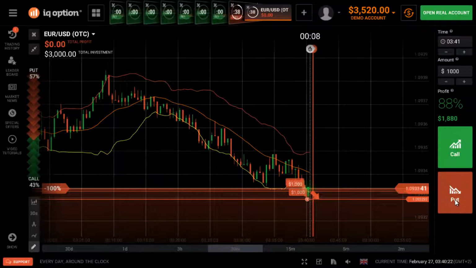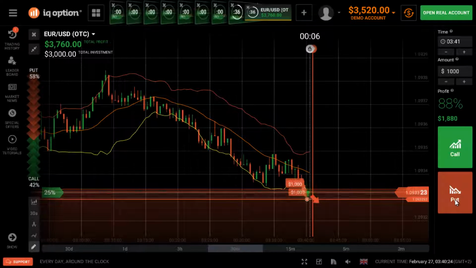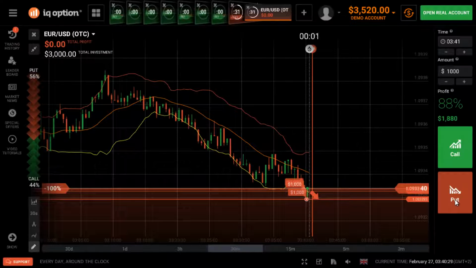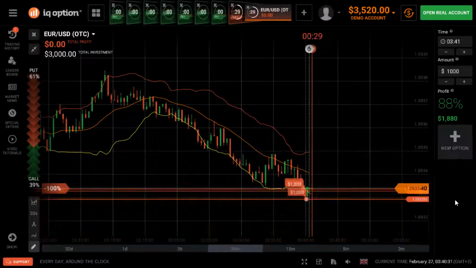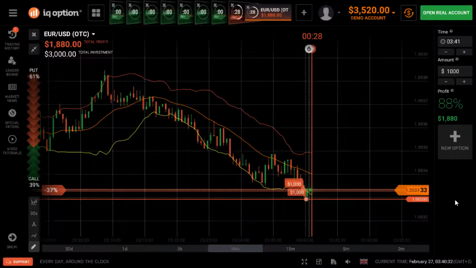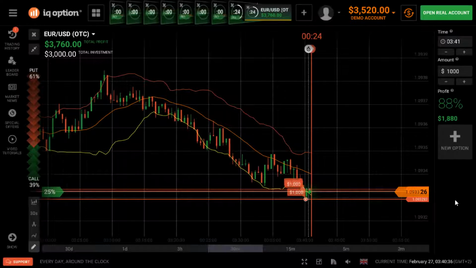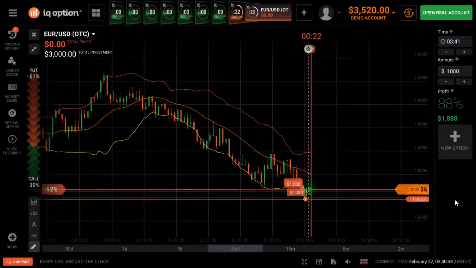But if it's a good chart, it's so easy to win. There's not much to think, there's not much to risk. But anyway, this is that kind of chart.